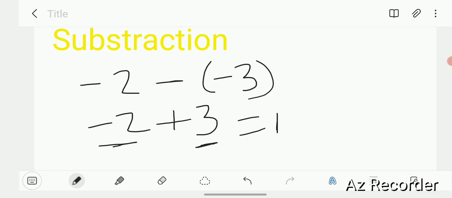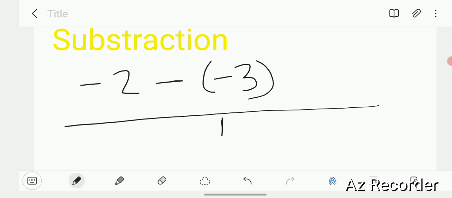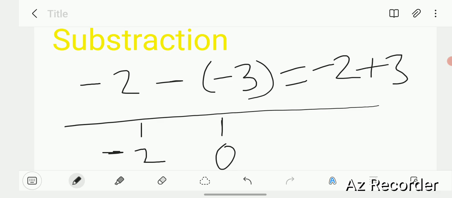If you want this with the help of the number line, we can write this. This is 0. You are standing at -2. Here -3 is there, but again minus of minus is plus, so -2 plus 3. You should go 3 steps.